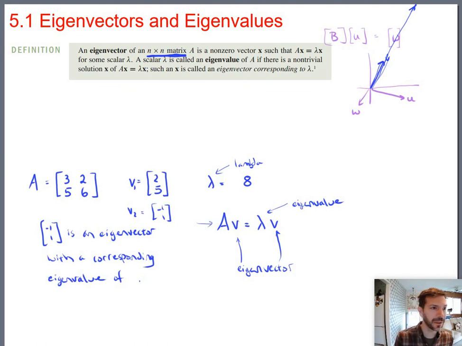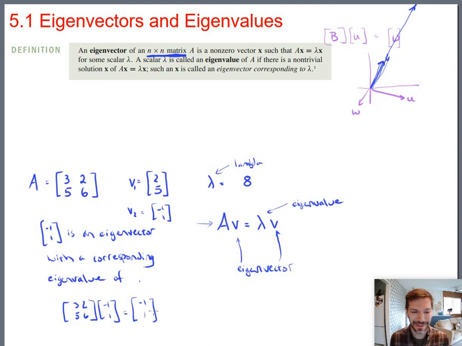Okay, so hopefully when you multiply these two together, I'll do it real quick. When you do 3, 2, 5, 6 times negative 1, 1, that becomes negative 1, 1.